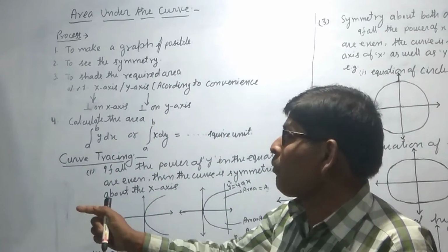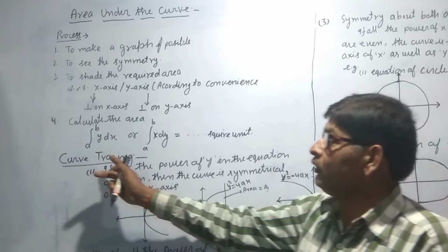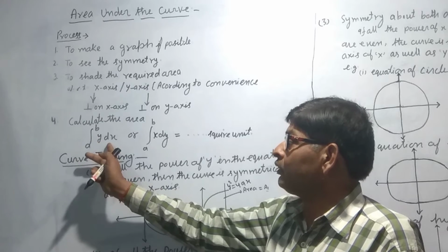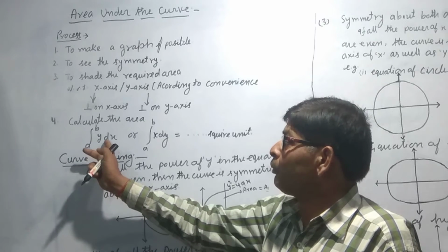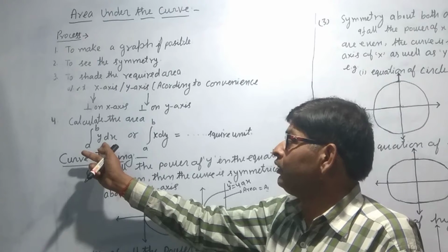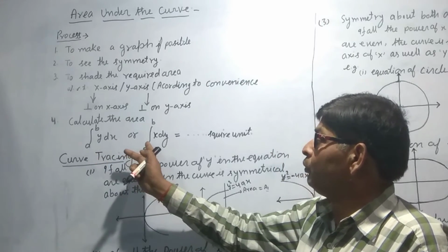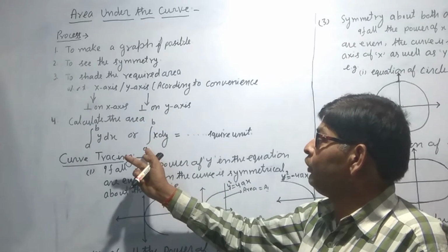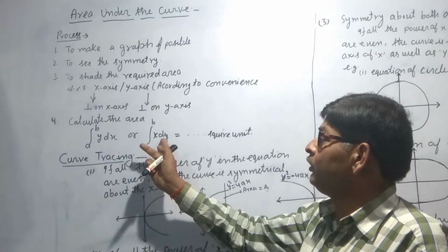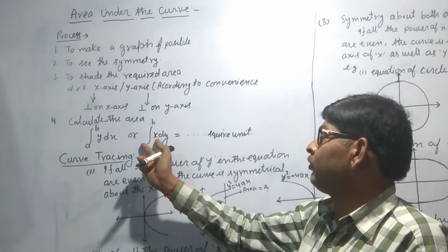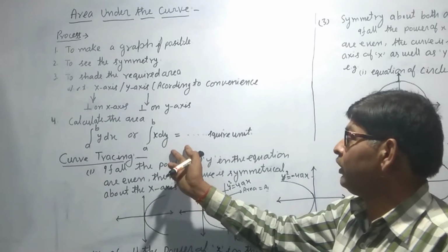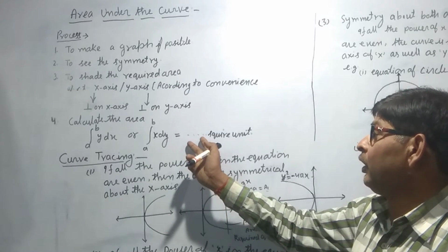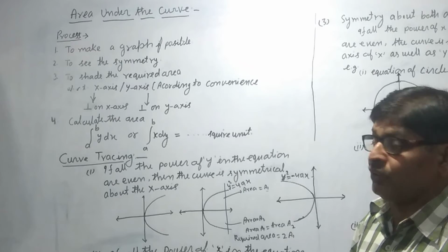And then we calculate the area: take the lower limit, upper limit, y dx if the perpendicular is on the x-axis, and if the perpendicular is on the y-axis, we take x dy as required, and we get the result. If units are not given, then we write square unit in this case.